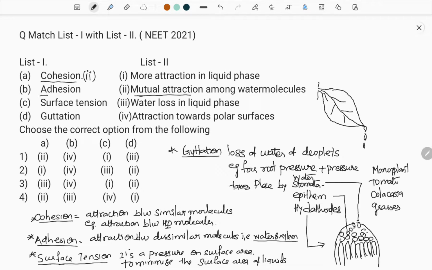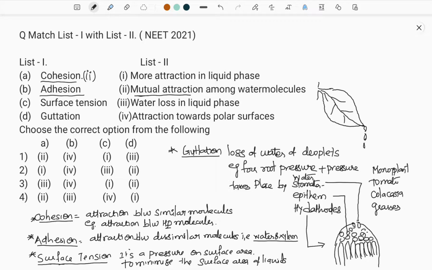Then adhesion, I told you, is attraction between dissimilar molecules, that is the inner walls of the xylem and water. Don't forget that xylem is hydrophilic in nature. That is, water can pass very easily through the xylem from the region of higher water potential to the region of lower water potential.